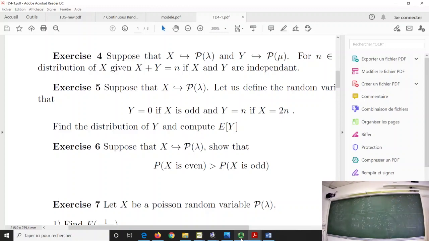So the next exercise is related to a remark I have done in the case of the definition of the Poisson distribution. For the Bernoulli, the binomial, the geometric, and the uniform, I have given to you examples taken from real life. For example, the uniform, you roll a dice.